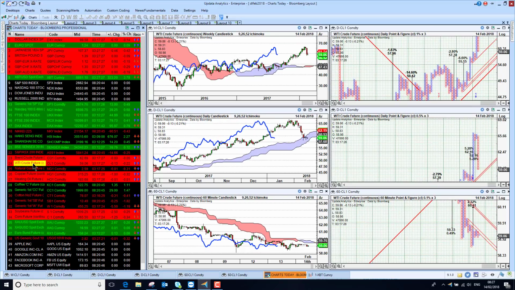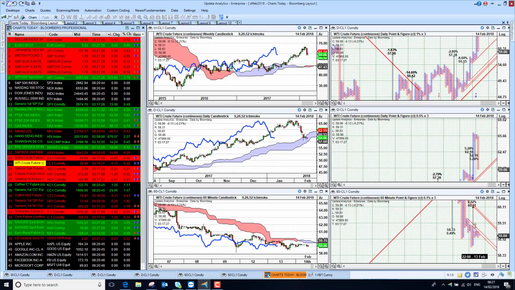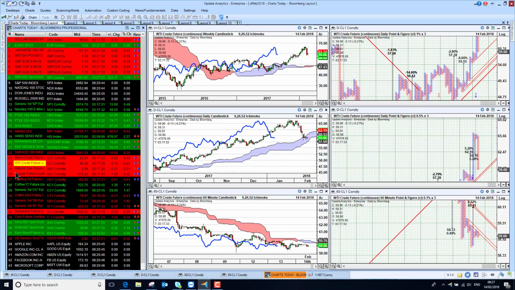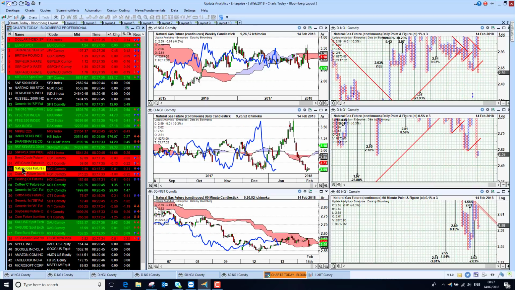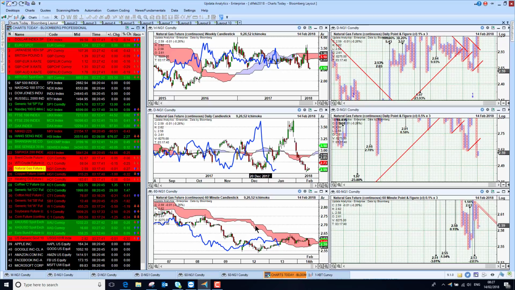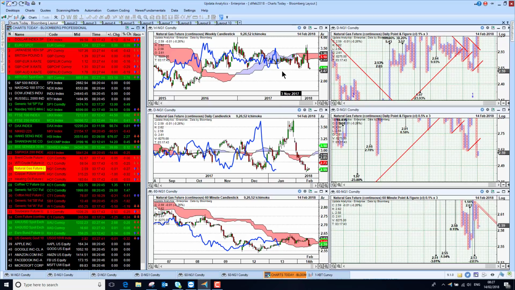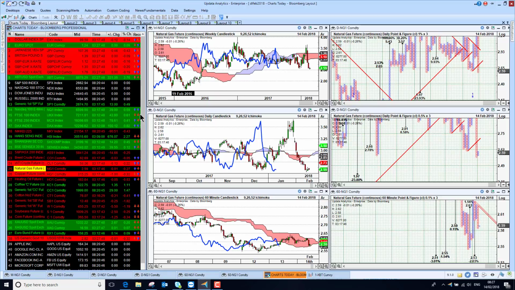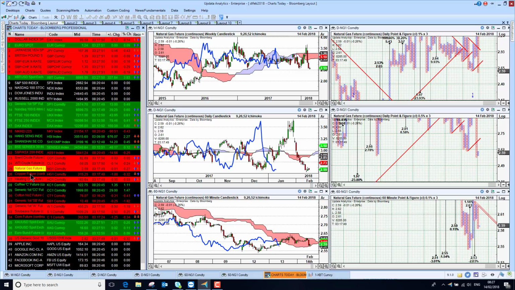WTI is also bearish below the cloud, and we're seeing some upside potential there as well, but we need to move higher to activate that. US Natgas is sitting at $2.59, still very bearish below the cloud, and taking out this low, which is quite significant. So Natgas is now starting to look at nearly 2-year lows, certainly 18-month, 20-month lows.